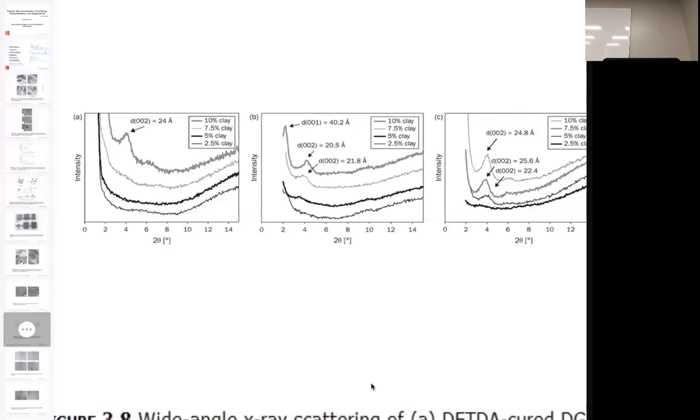Same thing happens here. It starts with this completely dispersed amorphous, and we start seeing this peak coming in. And notice that peak is going further and further away.